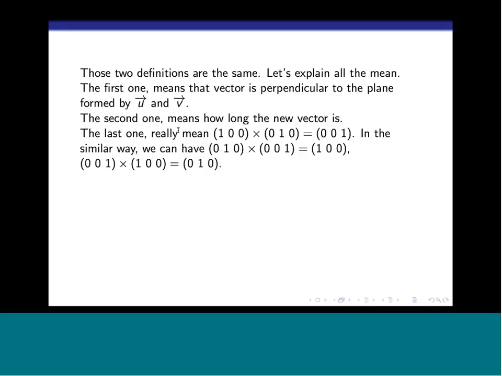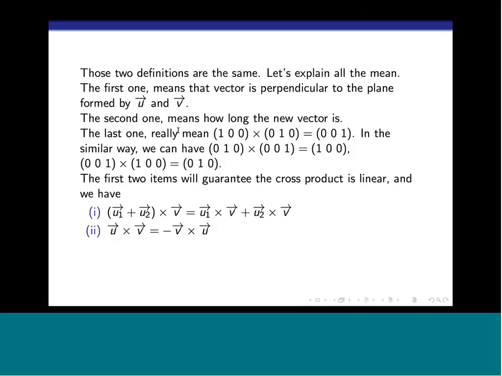Then come to very concrete numbers. 100 cross 010 has to be 001. 010 cross 001 has to be 100. 001 cross 100 has to be 010. Those are the 3 very fundamental vectors. We can also make this the definition, then extend linearly.